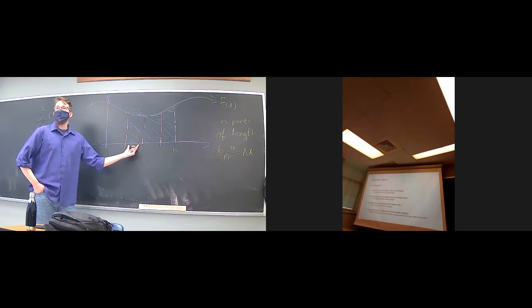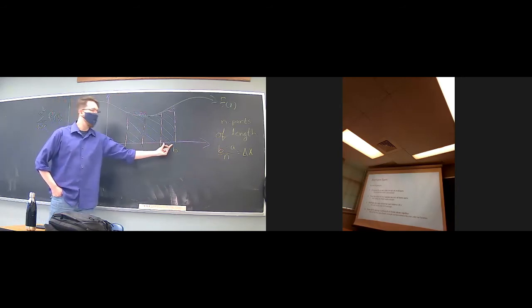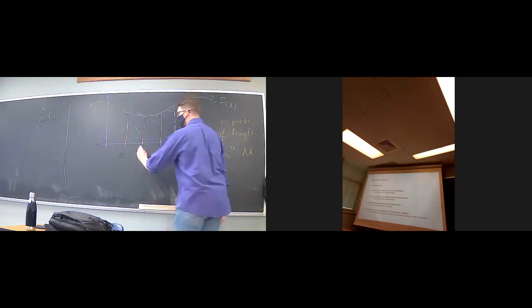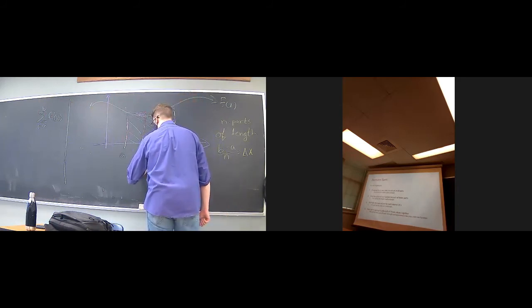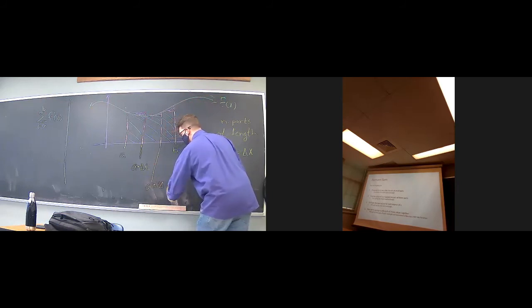So this is going to be b minus a divided by 3, b minus a divided by 3, b minus a divided by 3. This value here is going to be a plus delta x, this value is going to be a plus 2 delta x. And this is going to be a plus 3 delta x.